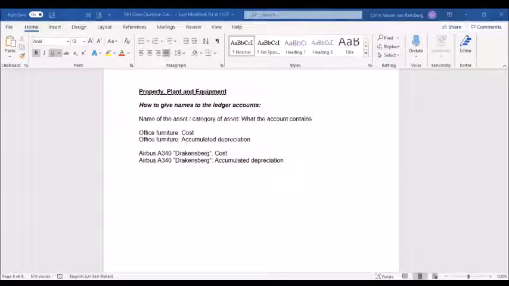Now, very often people think the notes are just random little scribblings that you add to the financial statements. No, they are also a structured part of your full and complete set of financial statements.